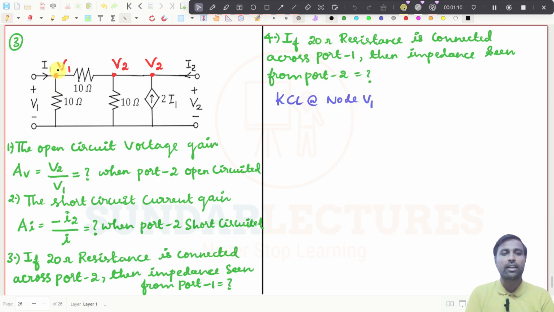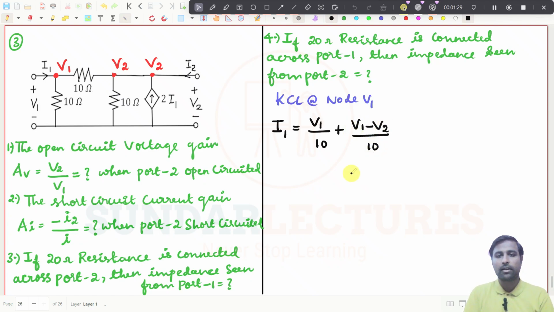So what will I get now? I1 will be equal to, maybe this current is flowing in this way, V1 by 10 plus (V1 minus V2) by 10. Right, 3 branches are connected and I have written all the branches here. So this is the I1 expression, and what will I get now?